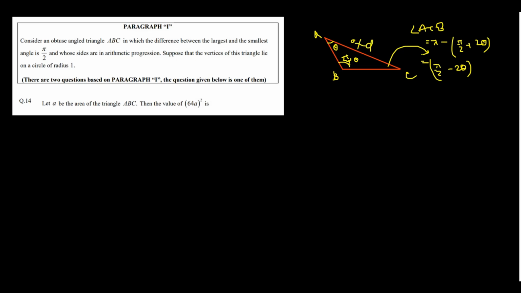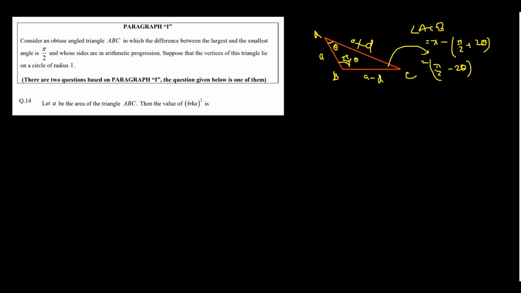Now the smallest angle is angle BAC, so the smallest side will be BC, which will be a minus d, and the intermediate side, opposite to angle ACB, is AB, so it will be a. So a plus d and a minus d, these are our chosen variables, and theta is also our chosen variable. Okay, so let us proceed.